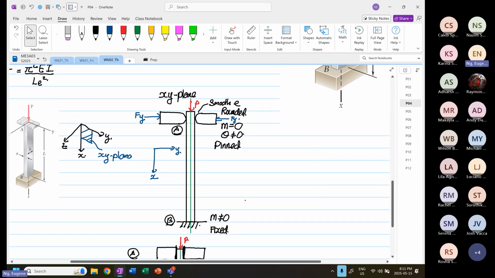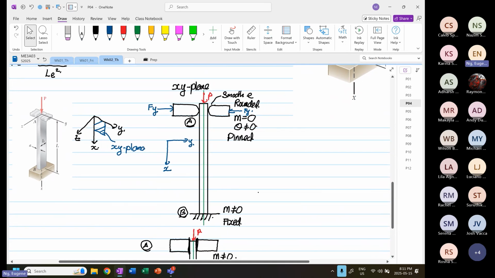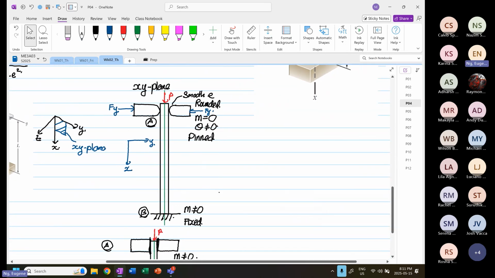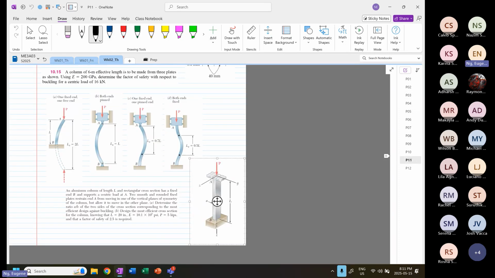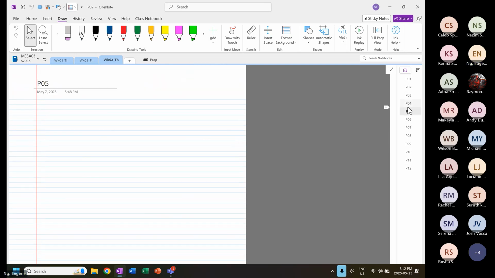xy plane. For the xy plane, we know that one end is pin, and the other one is fixed. So we look at our table, one end pin and one end fixed. So this is the one.